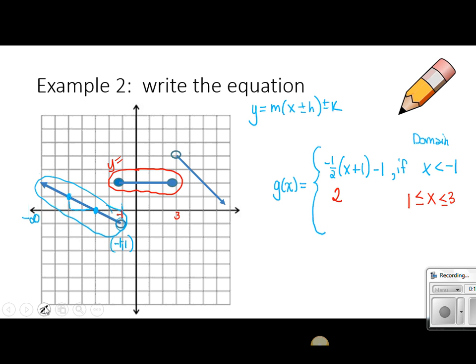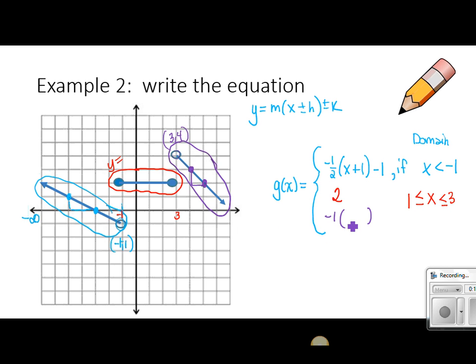Okay, let's do one more here. That's this one. All right, and it too is a line. We need to find the slope. So pick 2 points: down 1, right 1. So down 1, right 1 would be a -1 slope. Find a point. We can use this point right here, or this point, or this point. It doesn't matter. I'm going to go ahead and use that one. That one's 3, 4.